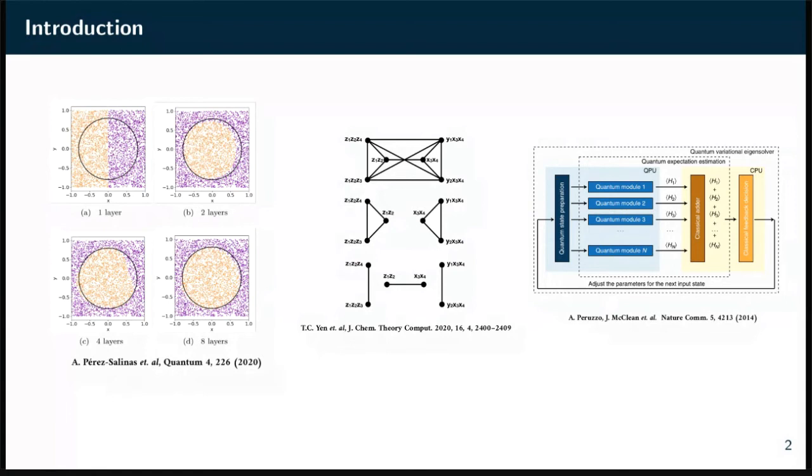On the right-hand side, that's just one of the first papers which used the quantum computer as a sampler of expectation values, and then had a feedback loop. So you have a parameterized quantum circuit which gives you expectation values back, and those depend of course on the parameters, and the idea was to optimize those parameters externally with classical algorithms.